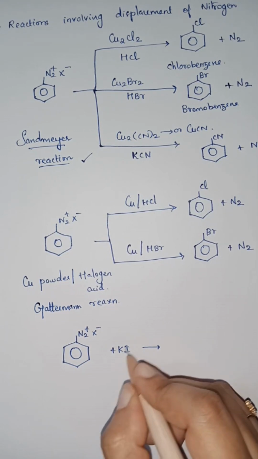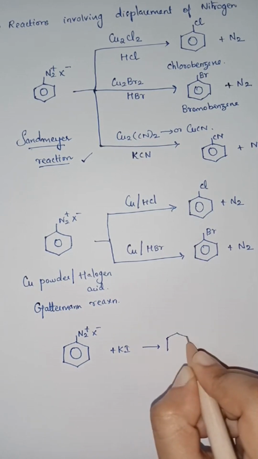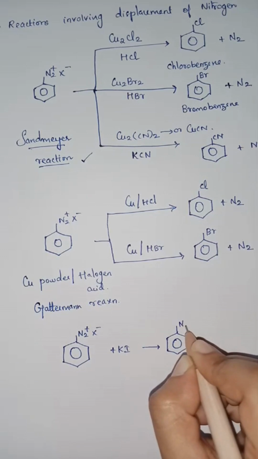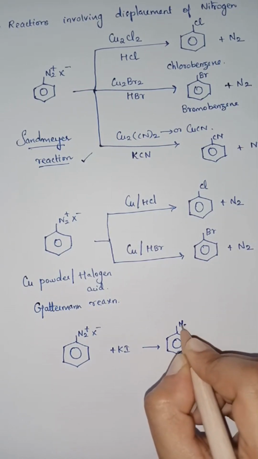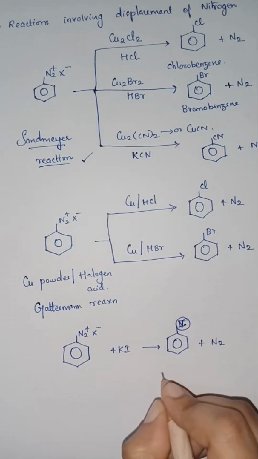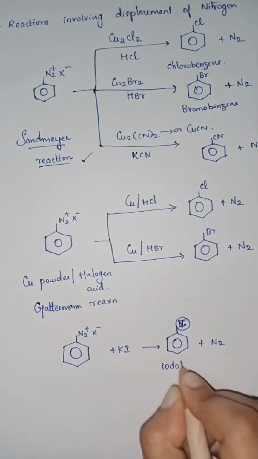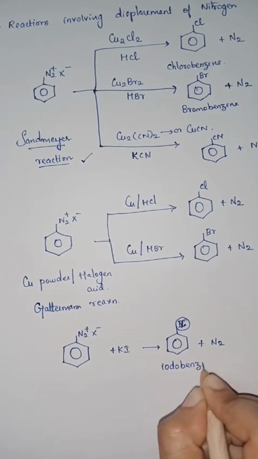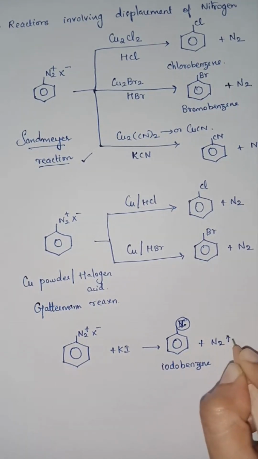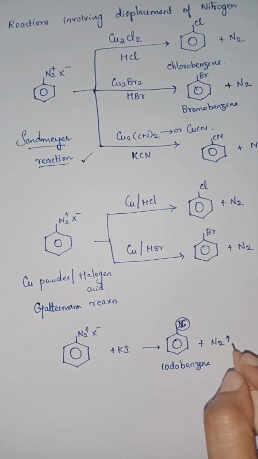So here I have to use potassium iodide. So I- will displace the diazonium group. So here I will get iodobenzene. In all cases, nitrogen will be evolved as gas.